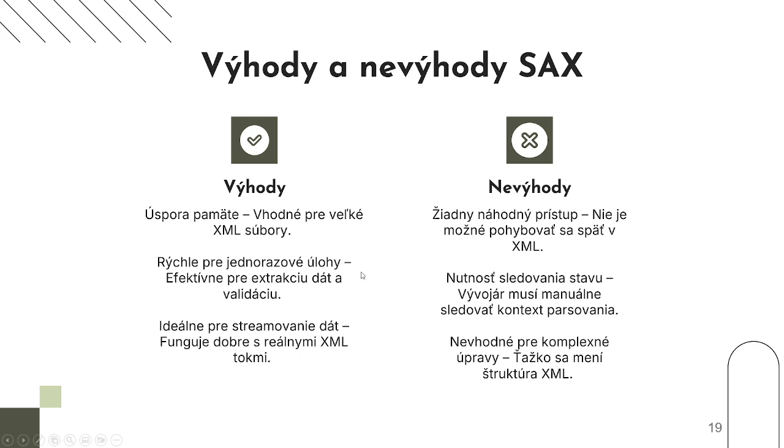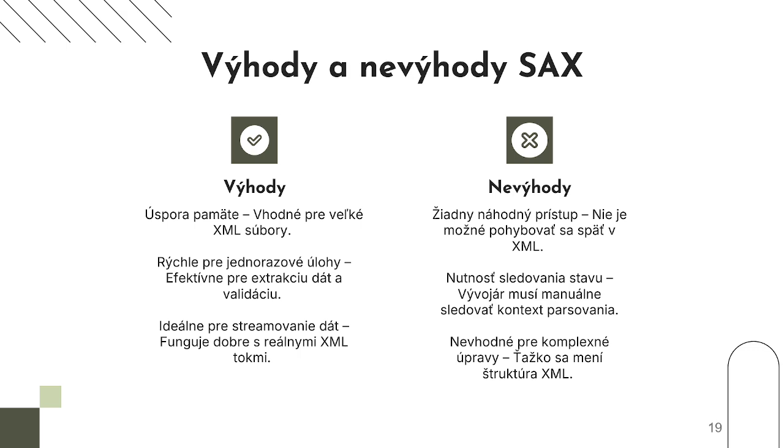The disadvantage is no random access, meaning we cannot go backward. For example, when we read the XML file from top to bottom, it is one way. We cannot go back to the earlier part of the file.